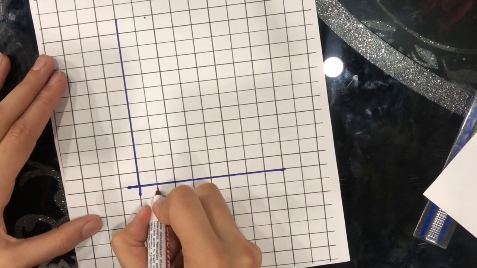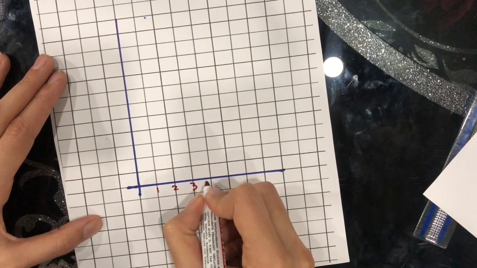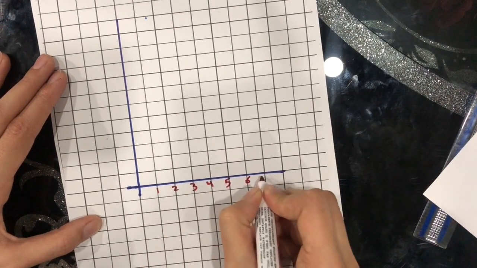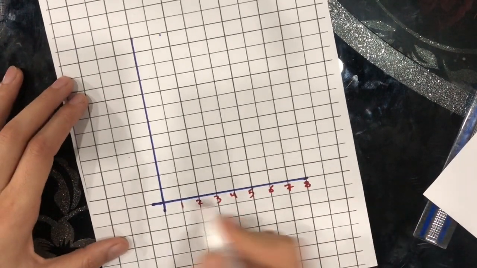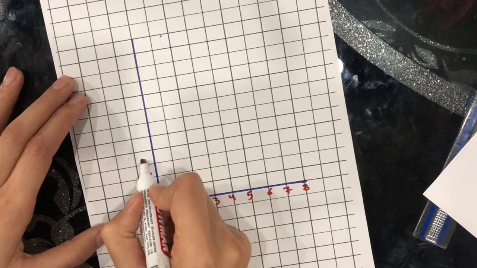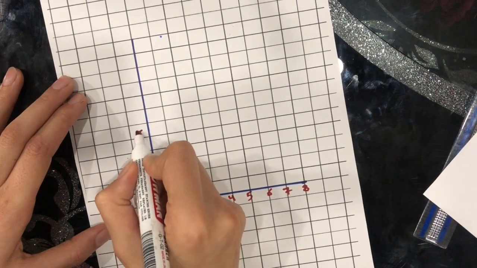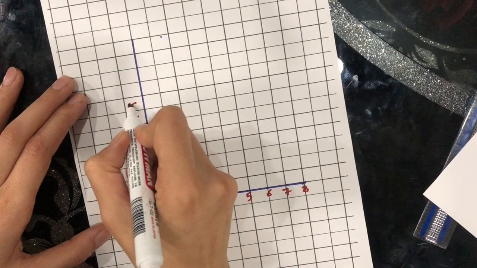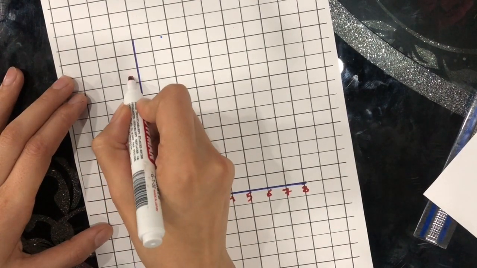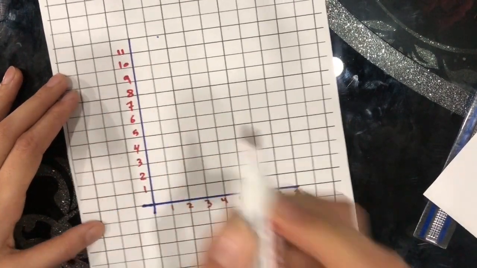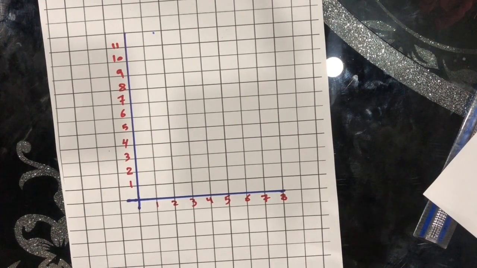This is 1, 2, 3, 4, 5, 6, 7, 8. Of course, in most questions, the grid is already drawn for you. Now let's draw triangle A.